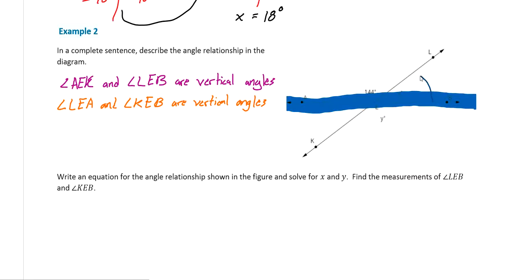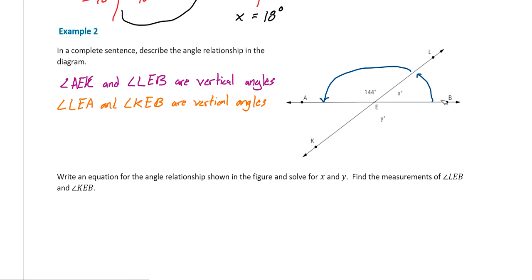We can say this angle and this angle, so that will be BEL and angle LEA, are angles on a line.